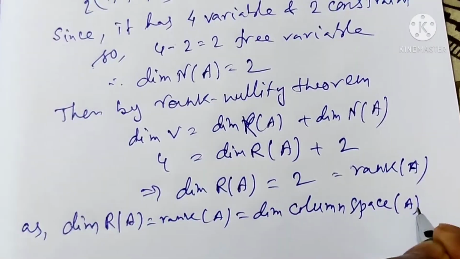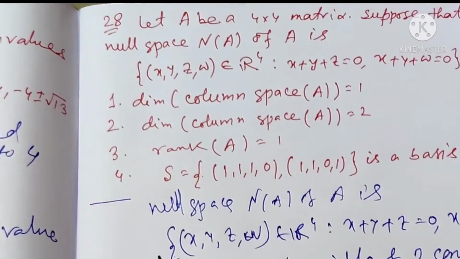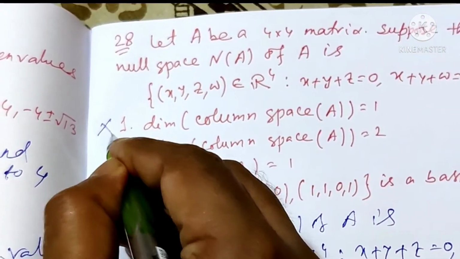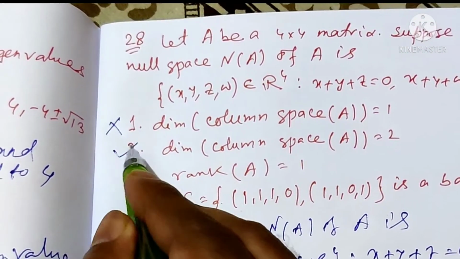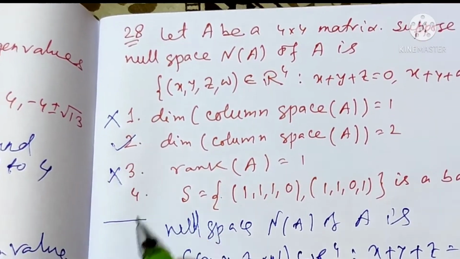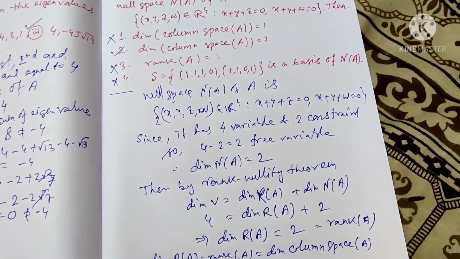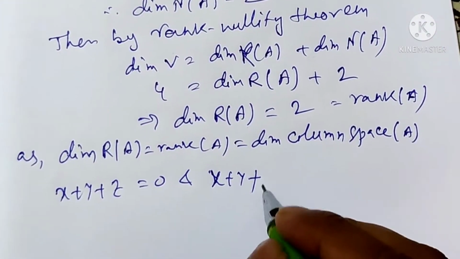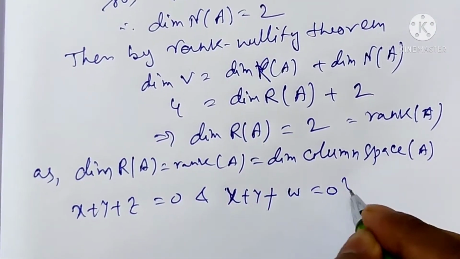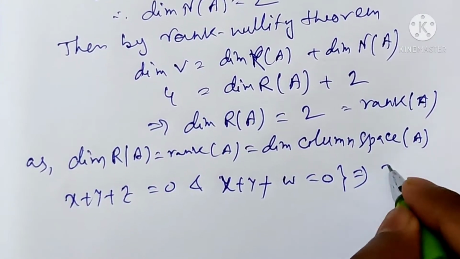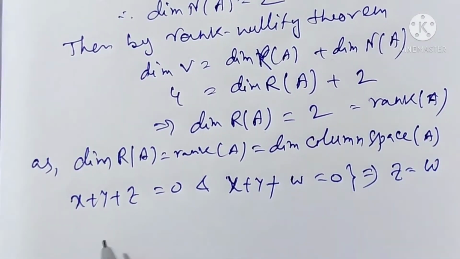Hence option 1 is false, option 2 is true, option 3 is false, and option 4 is false, because x plus y plus z equals 0 and x plus y plus w equals 0 both imply z equals w.